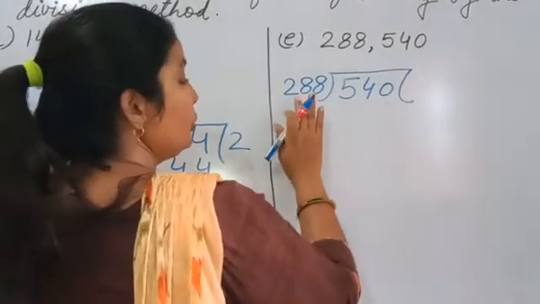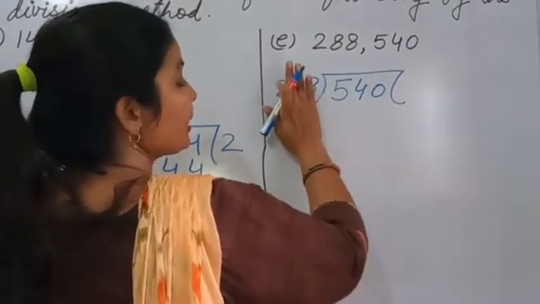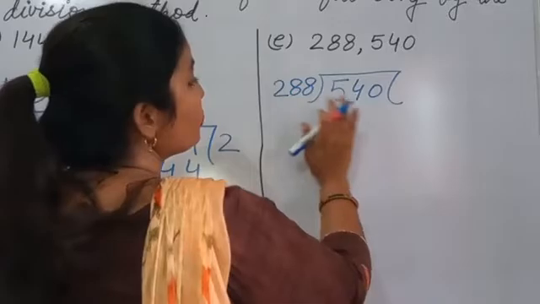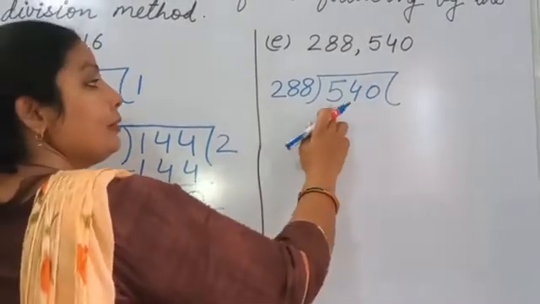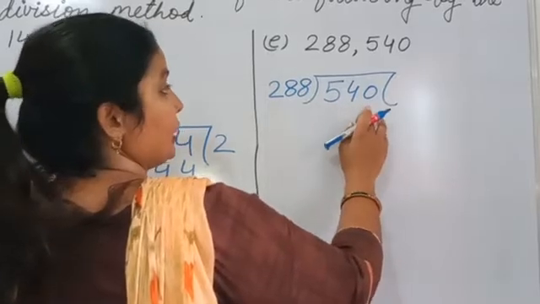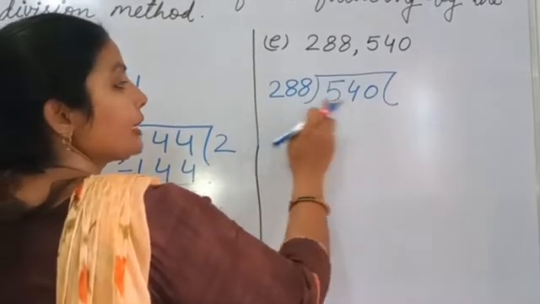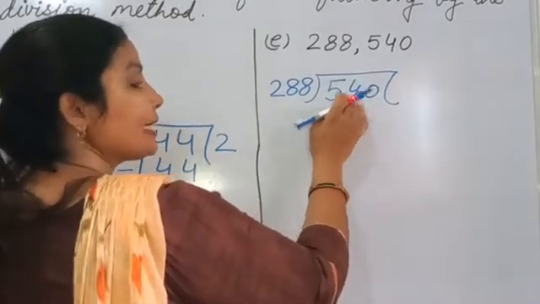So 2 ones are 2, we skip the ones and tens column. 2 twos are 4, but if we take two numbers, we will get greater than 540, because 8 twos are 16 and there is 4, so how will 6 come?